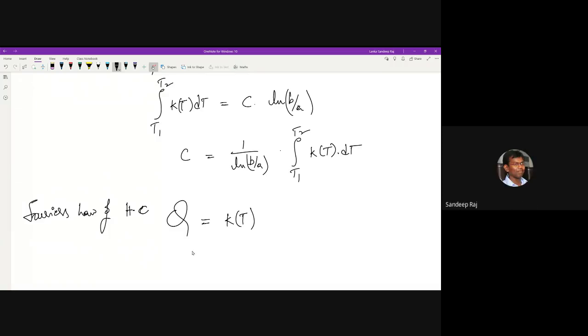So here, what I have to do is I have to take Q, like your Q is equal to 1 by 2 pi KL. That formula is there now. According to that, I have to take Q is equal to 1 by 2 pi KL. 1 by 2 pi KL is taken for resistance. So what I have here is 2 pi KL into ln dT by dr. So what I can write here is, in place of this 2 pi KL, I'll just transform this.